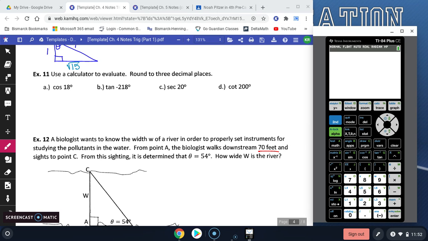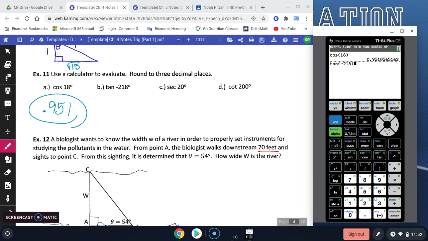So you will want to make sure that either you go into your mode and change it to degrees, which is the third one down, enter, or you get the degree symbol. Okay, so cosine 18, I'm in degree mode, so I'm good here. So this will be 0.951.